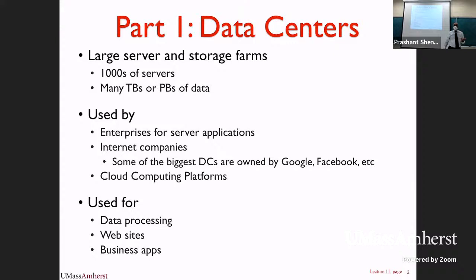They're of course used by all the companies that provide services that you know. So this would be Google, Facebook, social media companies, e-commerce sites, news organizations. They all run their applications on large servers. These servers are sitting in some data center somewhere. Those data centers could be owned by the company that provides the service, or those data centers could be owned by a cloud provider.